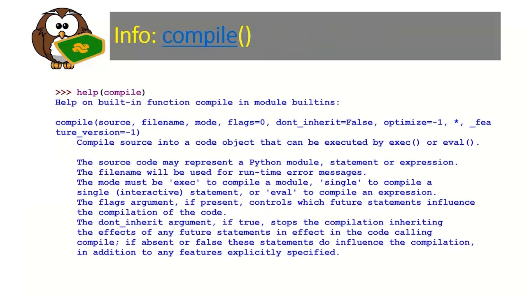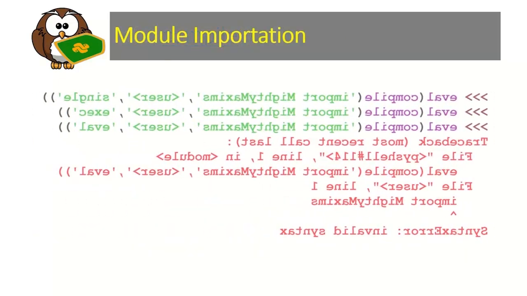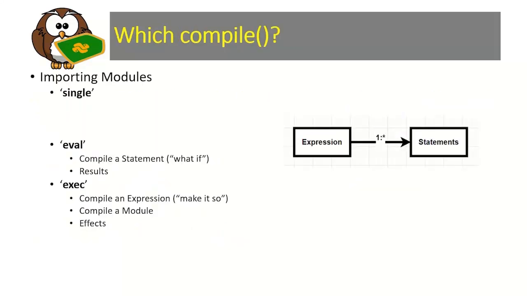So the Python documentation also says that exec is the only way to evaluate a module, and unless I've done something horribly wrong, I have been able, of course, to evaluate, once again, my preferred way of working with a potential importation using single or exec, and noting that the only time we're going to throw an exception or the operation won't really complete is when we're using eval, which of course I like to think of as being a module consisting of more than a single statement, certainly containing many expressions.